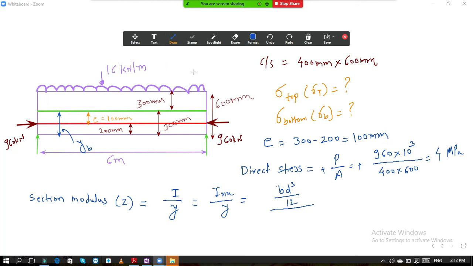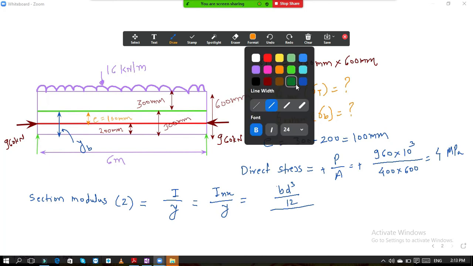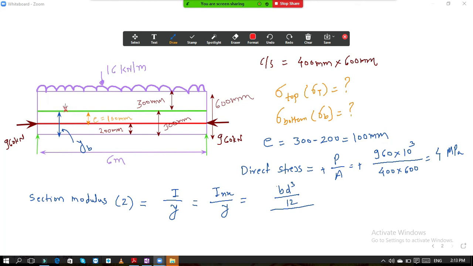And similarly, you can say that this distance from neutral axis to topmost fiber, this we call yt. So here bd cube by 12 is Ix, and y is whatever may be this total d.